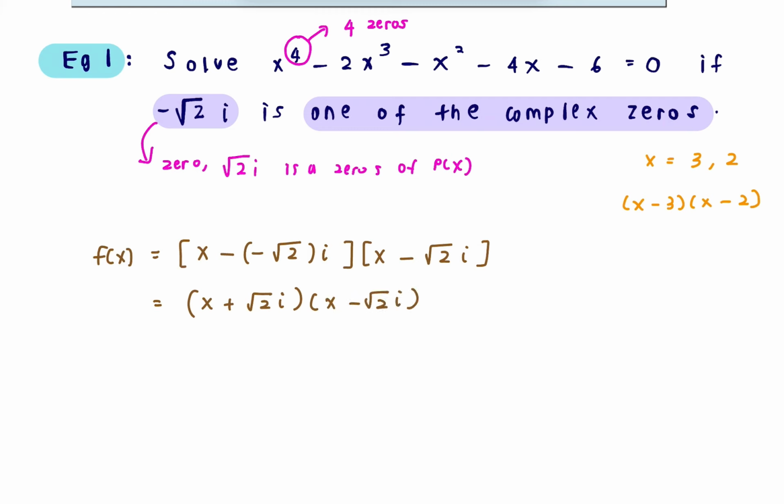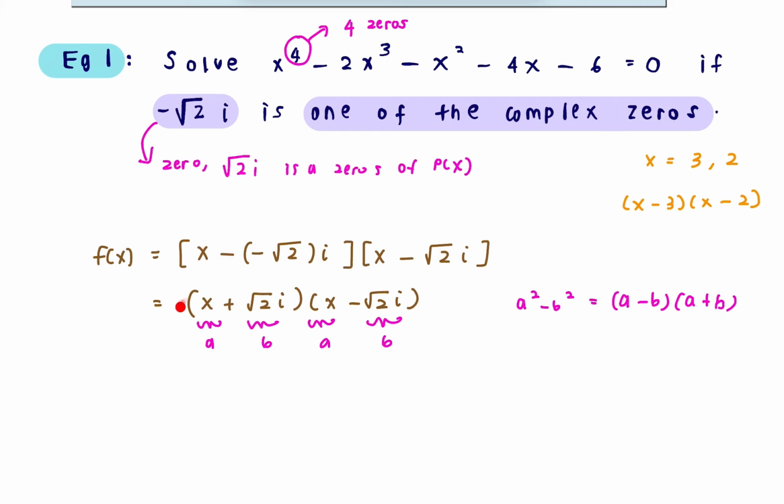If you look at this form, let's say this is A and this is B. You have the same terms, so you use the formula of A squared minus B squared. A minus B and A plus B are the factored form.